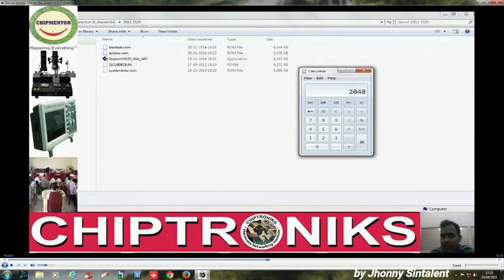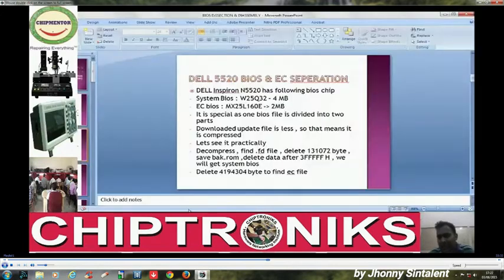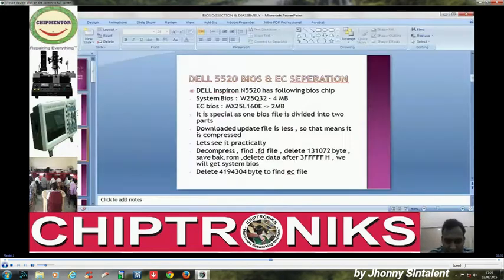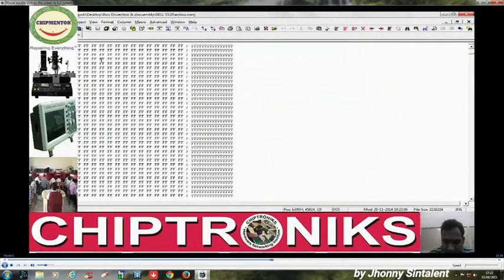This 2176 KB is a little bit more, but I said the EC BIOS is done sequentially. So some BIOS programmers will handle this file with no problem, but some BIOS programmers will throw an error. So what we will do is after 3FFH we'll delete the values, and some programmers will give you no error.